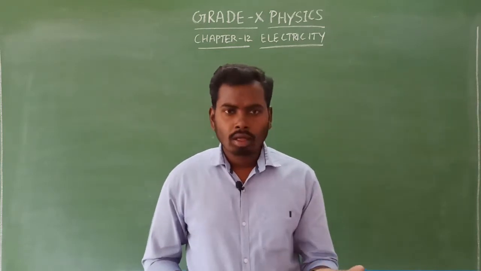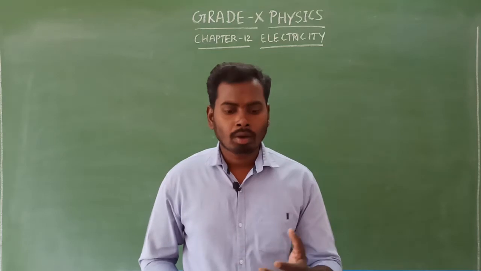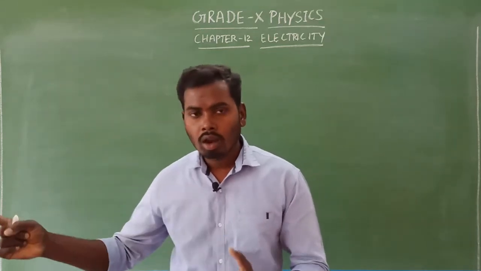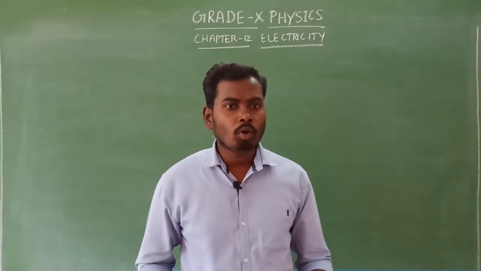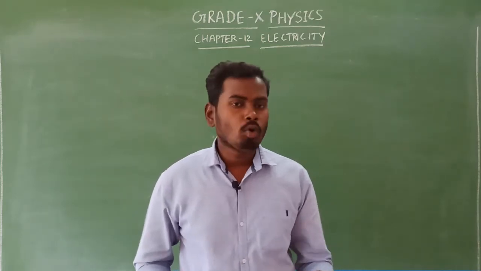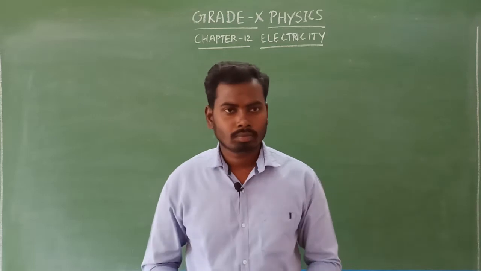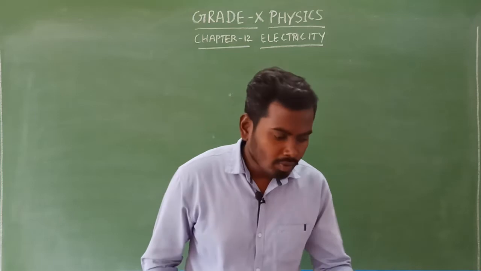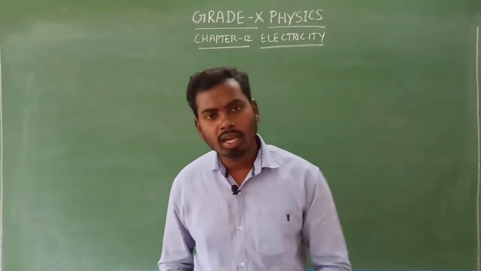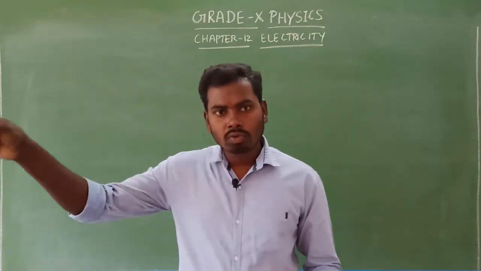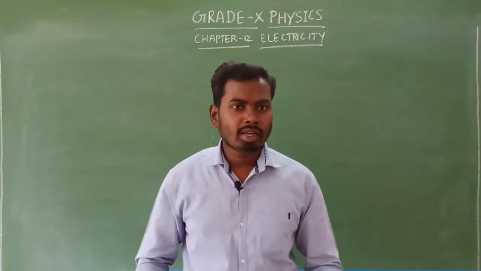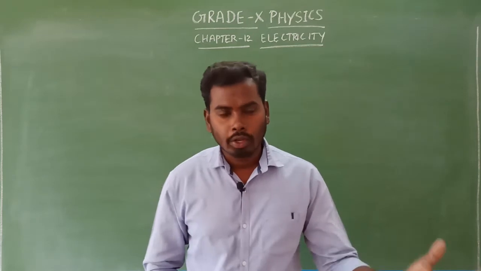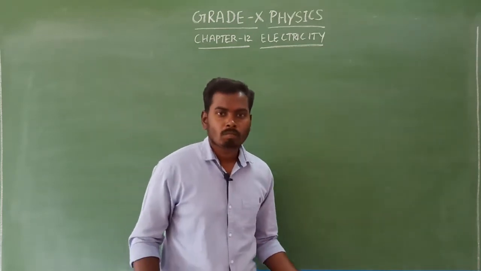When an electrical appliance has a power rating of 1 kilowatt and it is used for 1 hour, it will consume electrical energy in the amount of 1 kilowatt hour. That's all, students. Whenever an electrical appliance has a power rating of 1 kilowatt and it is used for 1 hour, it will consume electrical energy in the amount of 1 kilowatt hour. That's all, very easy one.